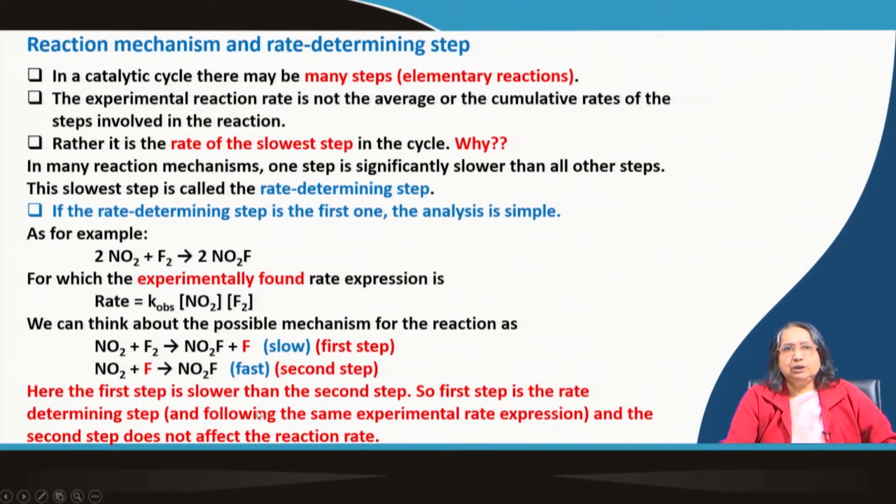Here the first step is slower than the second step. So, the first step is the rate determining step and follows the same experimental rate expression, and the second step does not affect the reaction rate. So, here you see it is a simple case, but when there are a series of steps, then it is not so easy to tell about the mechanism.